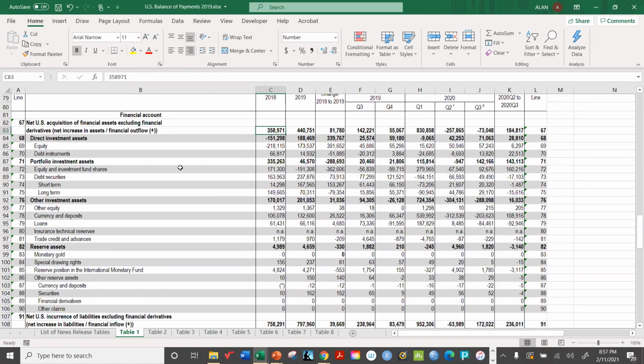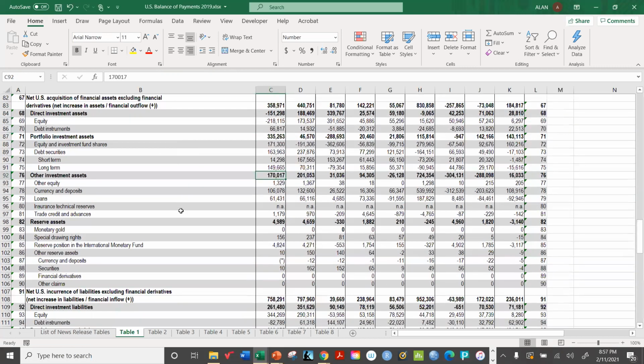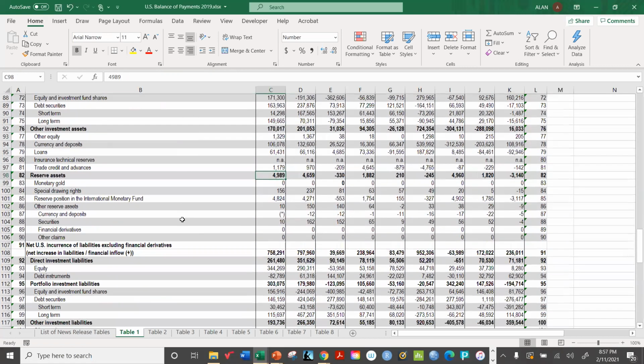This is where we bought foreign financial assets, which are broken down into direct, meaning stocks and bonds and that kind of thing. I'm sorry, that's this one. This would be foreign businesses. This is stocks and bonds. And these are the reserve assets. So this is our incurrence of liabilities.